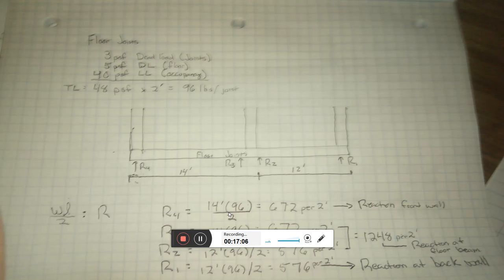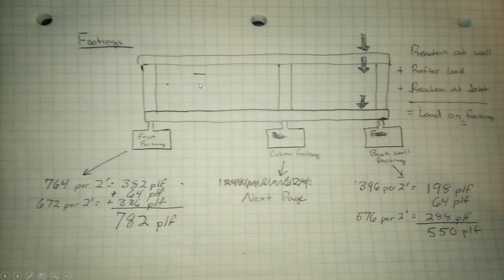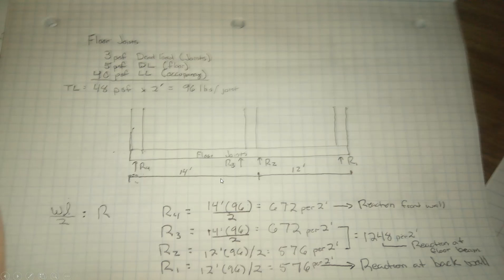You have 14 feet here times the 96 that we found up there, divided by 2 equals 672 per 2 feet, and that's for reaction 4 in the joist.